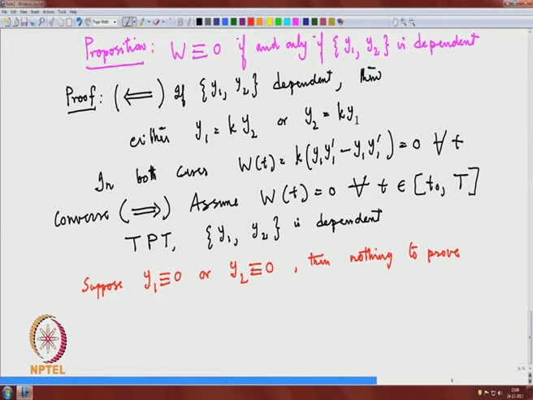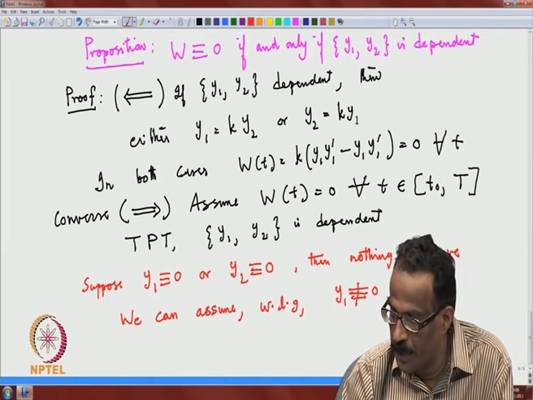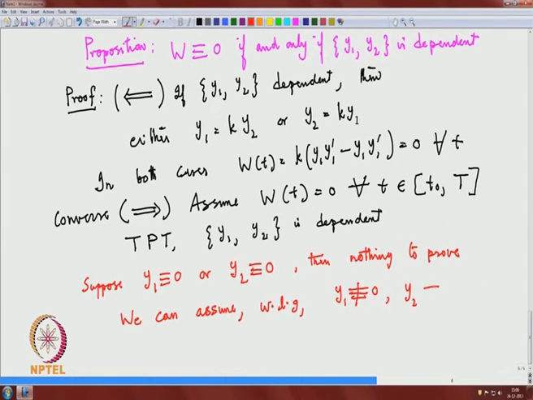Because if one of them is a 0 function, we do not have to prove anything. So, we can assume without loss of generality y1 is not identically 0. I am not claiming that y1 is never 0, y1 can be 0 at some point, but identically 0 is not allowed, and y2 is not identically 0.